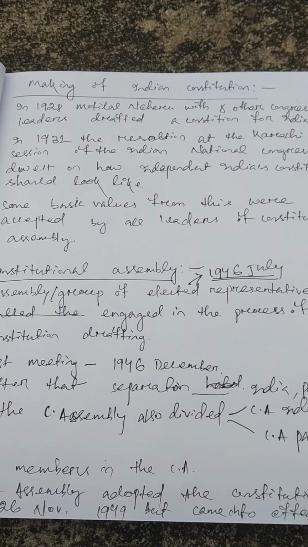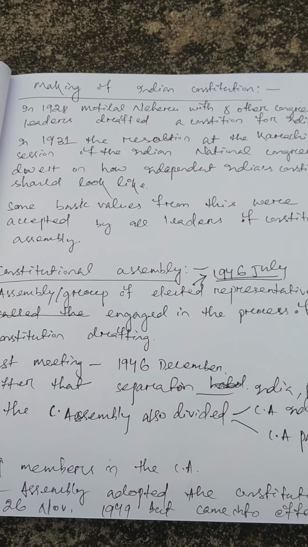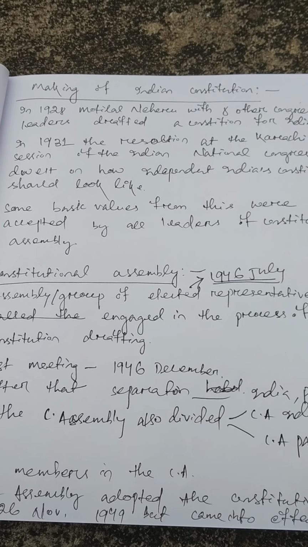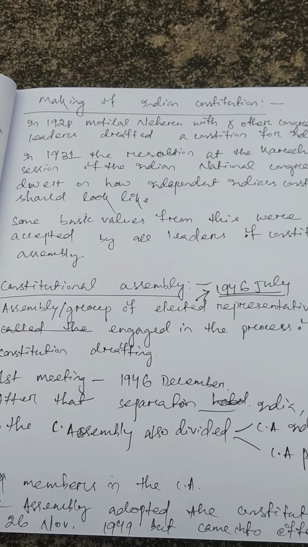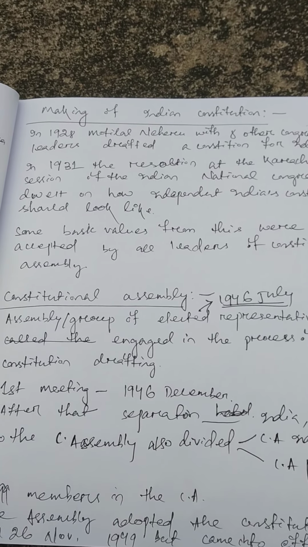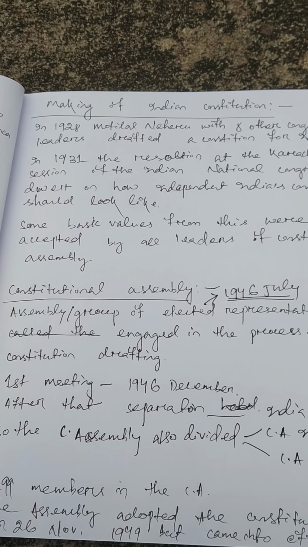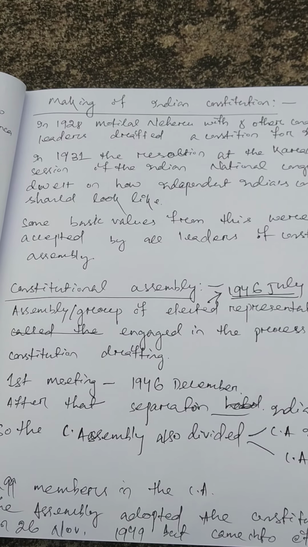For making the Indian Constitution, in 1928, before independence, Motilal Nehru with eight other Congress leaders drafted a constitution for India.